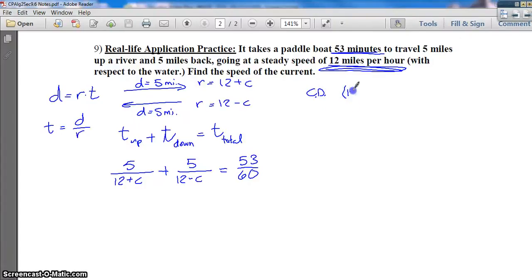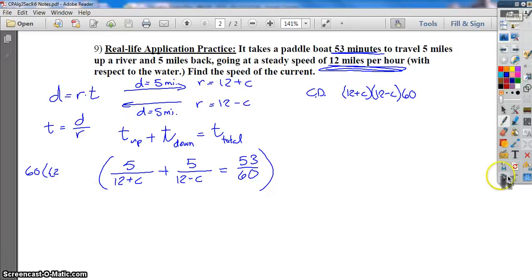The common denominator would be 12 plus C, 12 minus C, times 60. So when I multiply this entire thing by 12 plus C, 12 minus C, times 60, the 12 plus C is going to cancel out in these two.